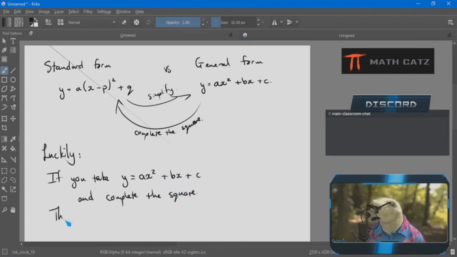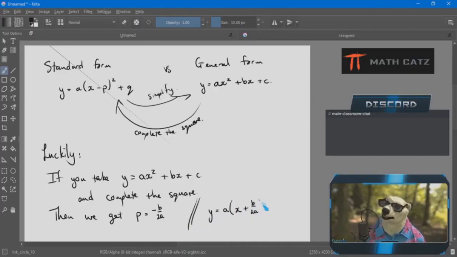Then we get that the p is negative b over 2a. So in my standard form, and I'm not doing the whole thing for reasons I'll say in a second, you get this. I don't really bother memorizing the other part for reasons I'll say soon.